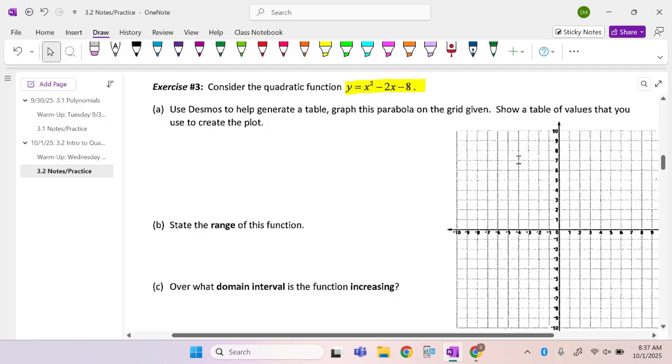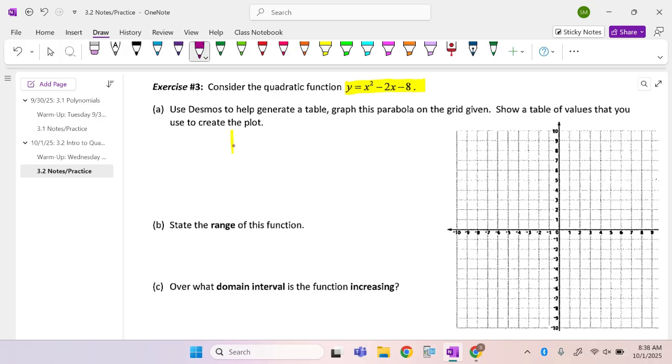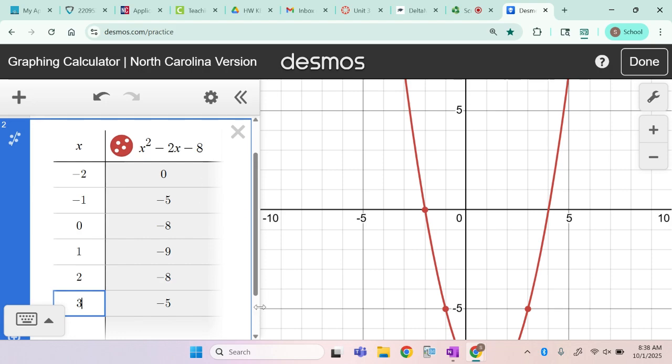So I'll give you guys about 3-4 minutes to do it. So I'll give you to 8:40. So you need at least 5 points. So whatever that table is originally, that's what you need to copy down.